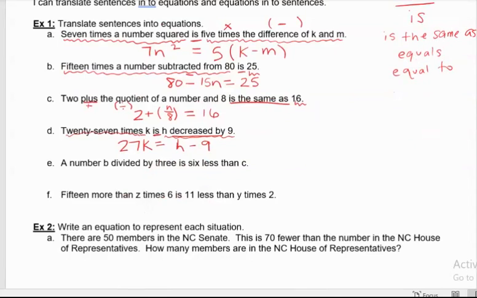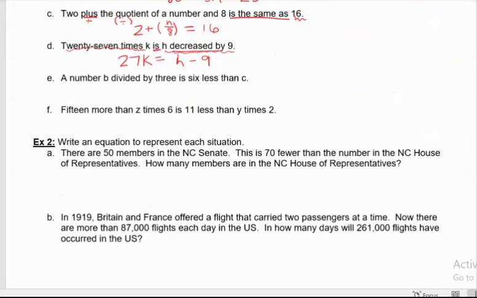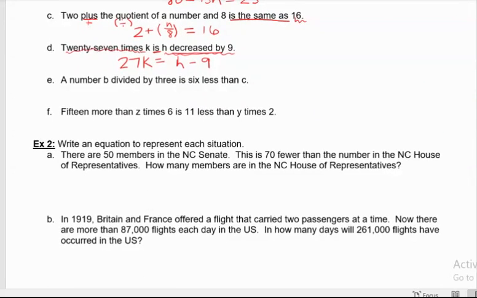Letter E. A number b divided by 3 is 6 less than c. So I have a number b divided by 3, is, there's my equals, and then I have two separate expressions that I can write.